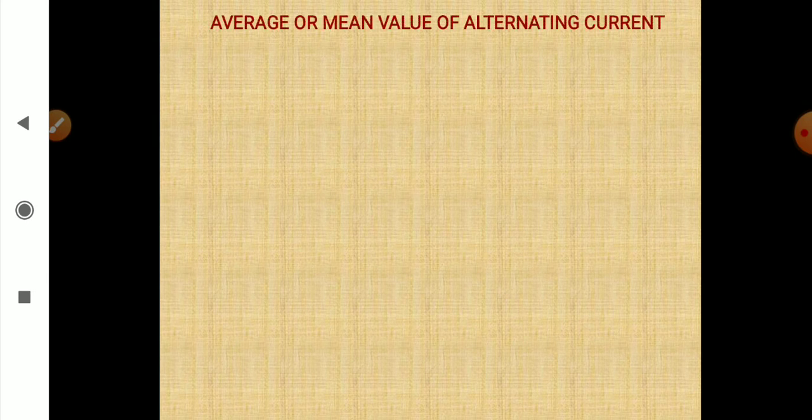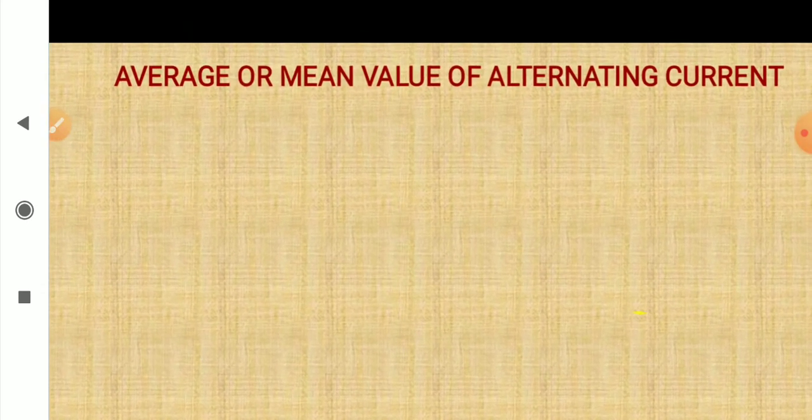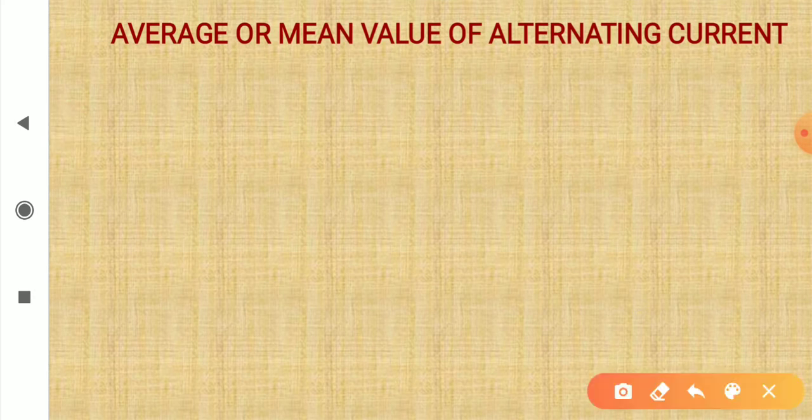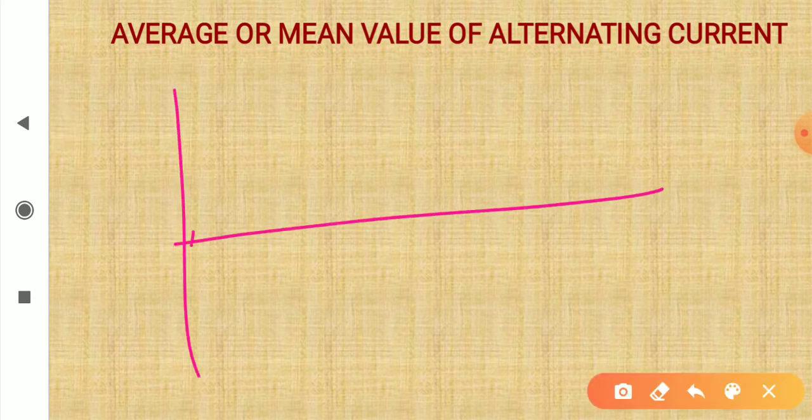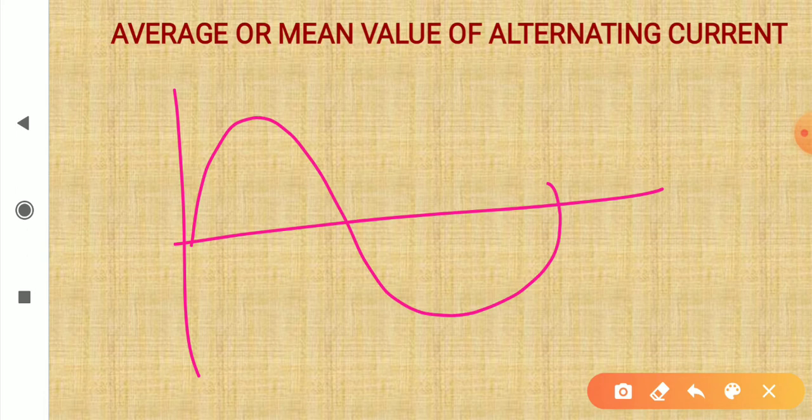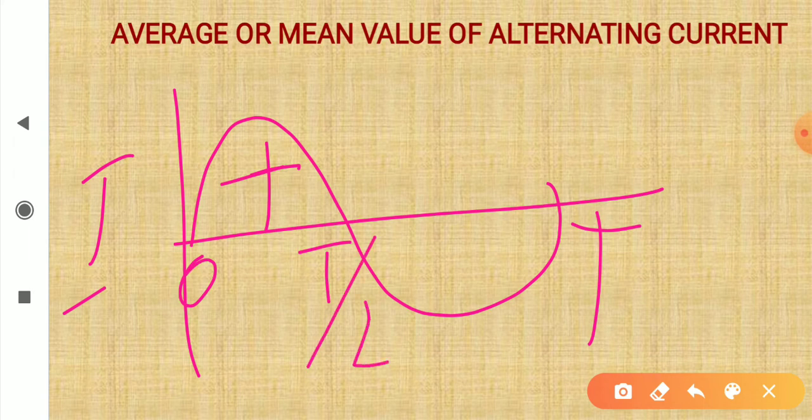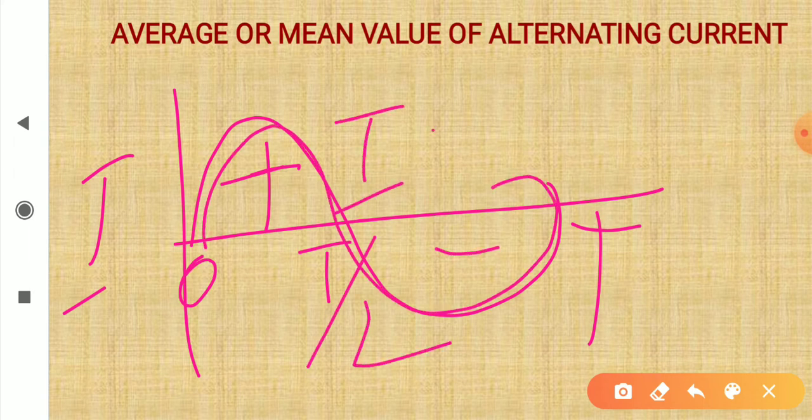And now, average or mean value of alternating current. So we have just seen that the alternating current is shown by this in one time period, if it is I. So for half time period it is positive. For second half period, this is T by 2, it is negative, and the total average will be 0.